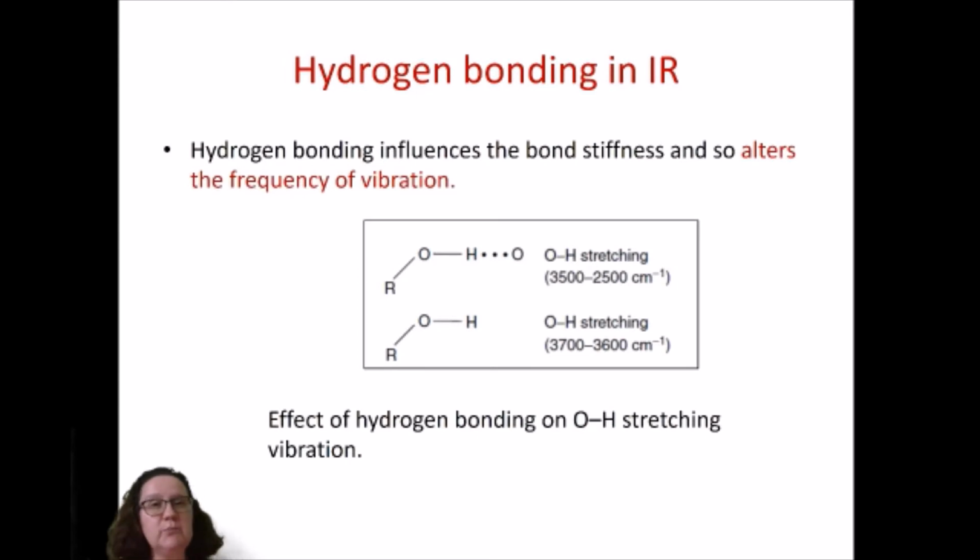I've mentioned hydrogen bonding in previous videos. Hydrogen bonding influences the stiffness of the bonding between the oxygen and the hydrogen, so it will alter the frequency of vibration. The stretching modes will appear displaced.